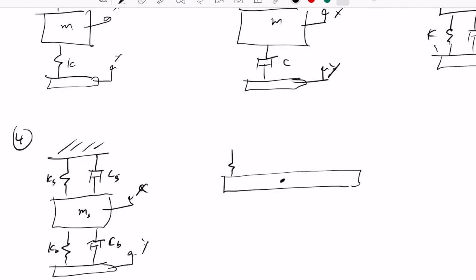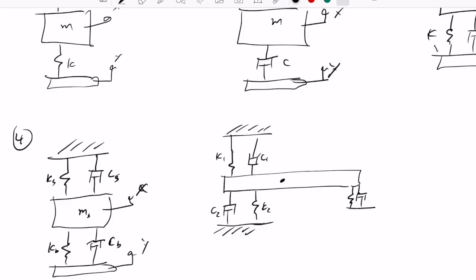What if we had a spring and a dashpot damper fixed, that's K1 and C1, and right here we had a K2 and a C2 fixed, and then some input to our system, that's y, and this is theta, and of course you have an L1, an L2 and an L3, whatever.